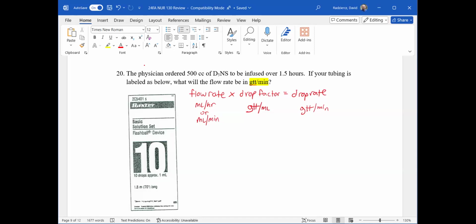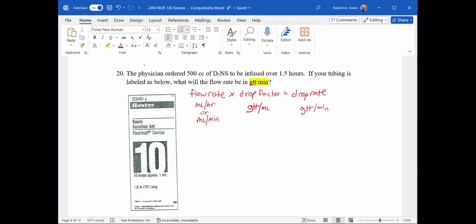And the reason they can call that a drop rate is, let's say it came out to 15 milliliters per hour. Well, 15 milliliters per hour is actually a very slow drip. That's 1 tablespoon in an hour. So just imagine how slow you have to be dripping that out to get it to just drop out over an hour's worth of time.